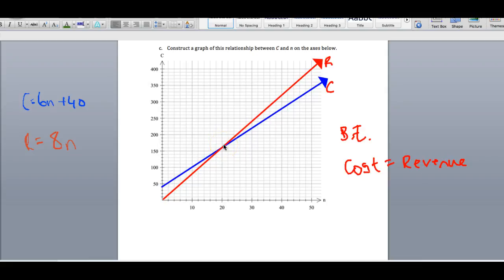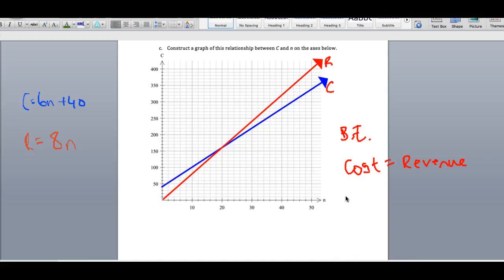We have not made any money, so we have to break even. So that means your profit is equal to 0. And then from that point forward, you're in profit. You can see here the cost is greater than the money you are getting up until your break-even point, and then when you continue, your cost is below your revenue, so the money you're getting in, so then you're making money.